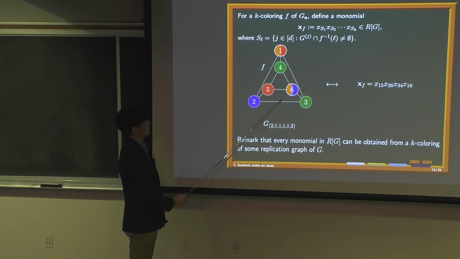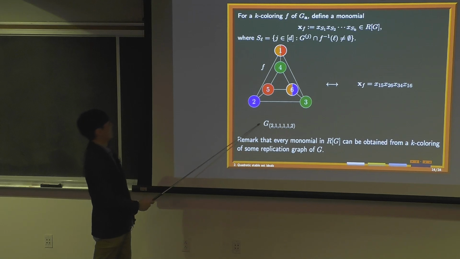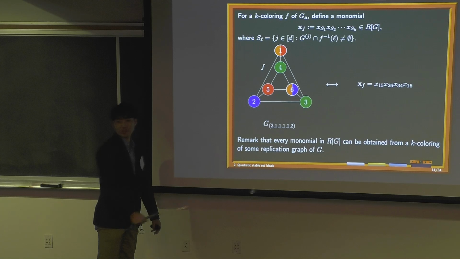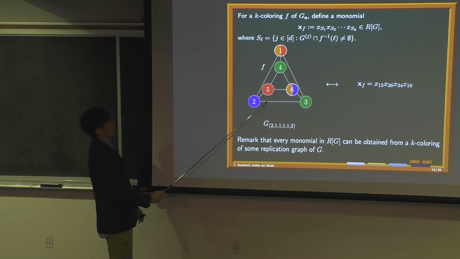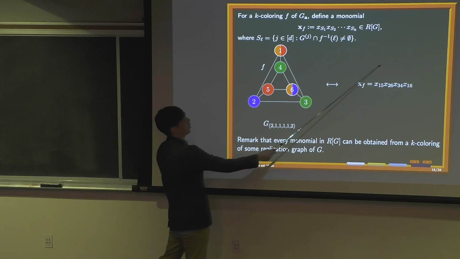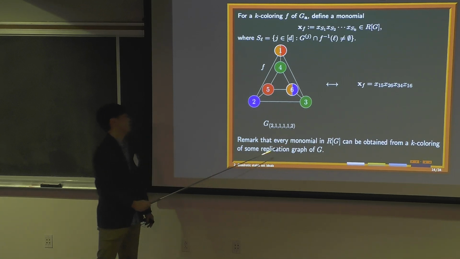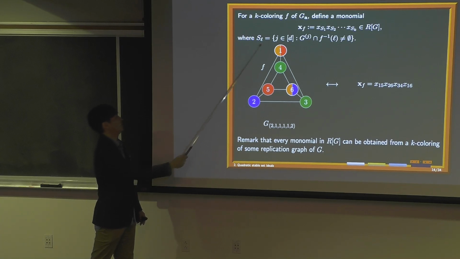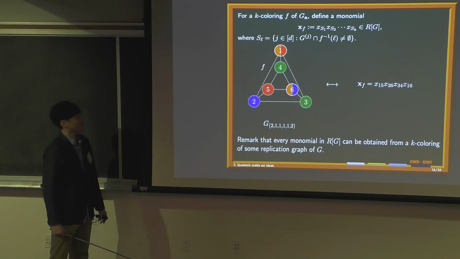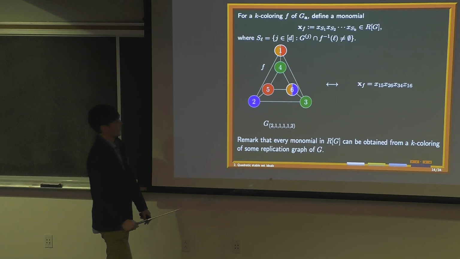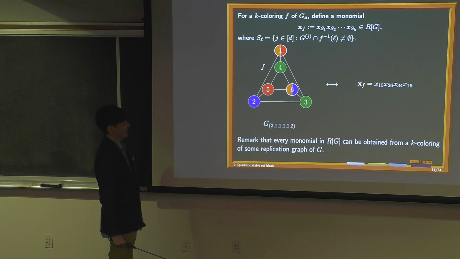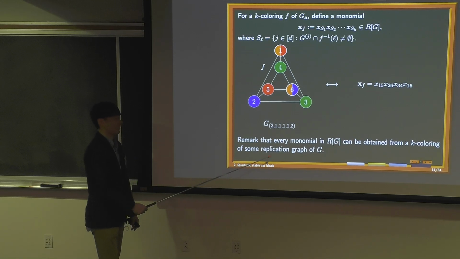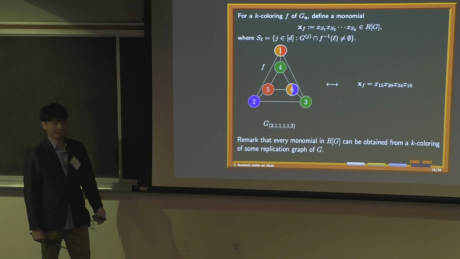Okay. So we can describe multi-colorings by using a replication graph. In the same way, we can obtain monomials induced by this multi-coloring. Then we can get every monomial in R_G from a k-coloring of some replication graph of G.